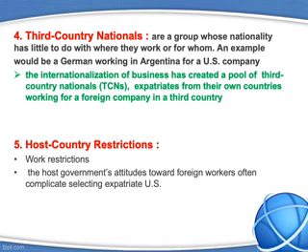Host country restrictions. Two main points to be considered: work restrictions and the host government's attitudes toward foreign workers often complicate selecting expatriates.